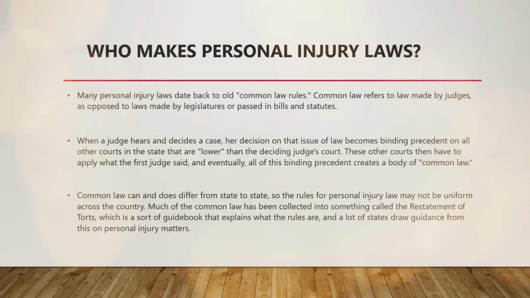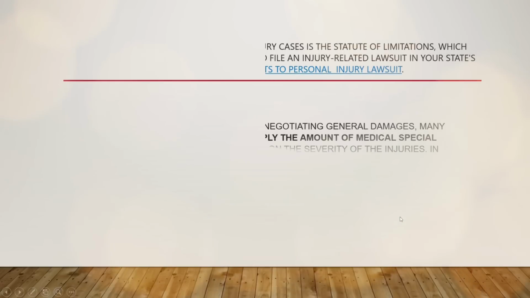Much of the common law has been collected into something called the Restatement of Torts, which is a sort of guidebook that explains what the rules are, and a lot of states draw guidance from it on personal injury matters.